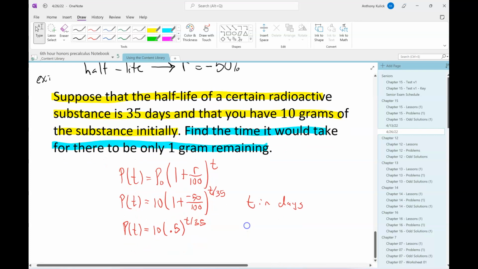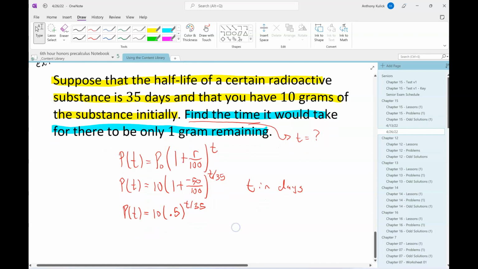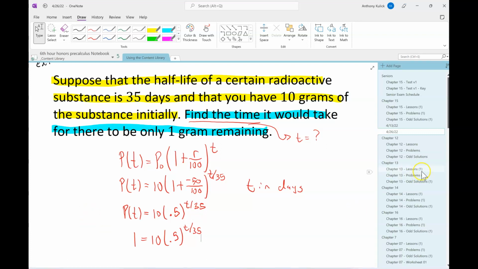Okay. And again, it's saying find the time, so we're looking for solving T. So what are we going to plug in for P of T? 1. Okay, so to solve this, we're going to graph.